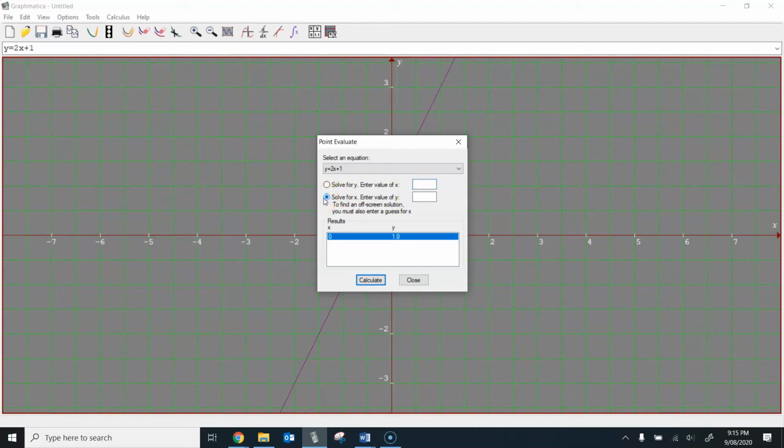I select this one, solve for x, and it's when y equals 0. So the x-intercept is when the y value is 0. So just calculate, and it will tell me what the x-intercept is. x is -0.5 when y equals 0.